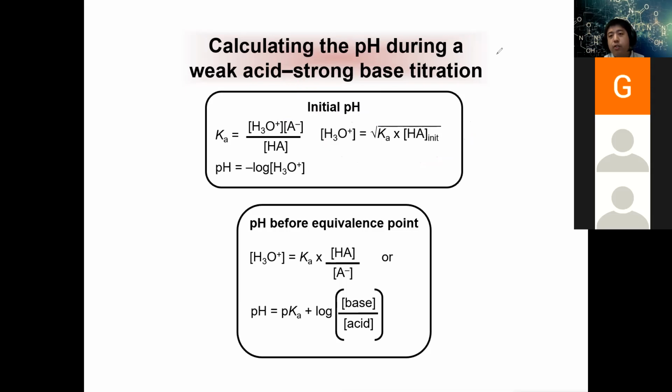Okay, let me rephrase the question then. If I have a weak acid, does it dissociate fully or a little bit? Little bit. A little bit, right?